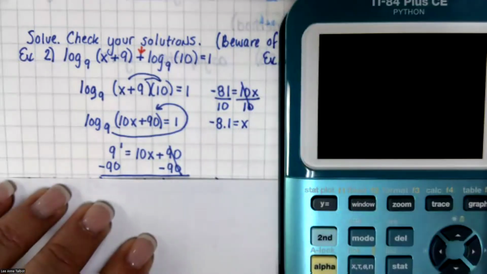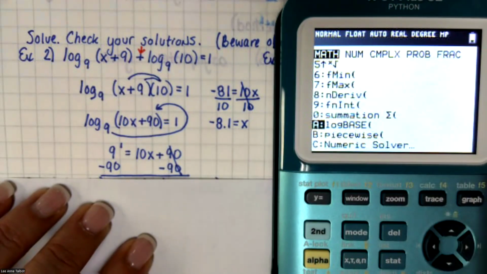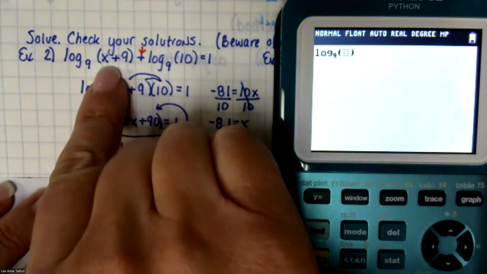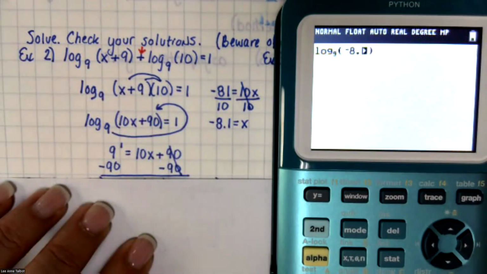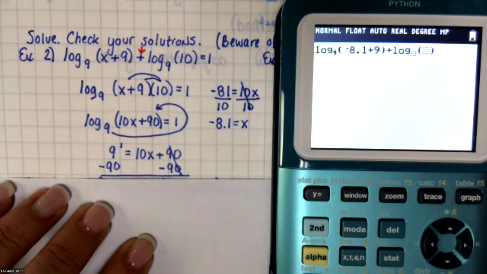So that's what I wanted you guys to practice on the calculator. Grab your calculator, go math, log base 9, and then plug the negative 8.1 in there. You guys know how to get to that? Math, scroll to log base. So I'm taking the answer, plugging it back into the original problem.